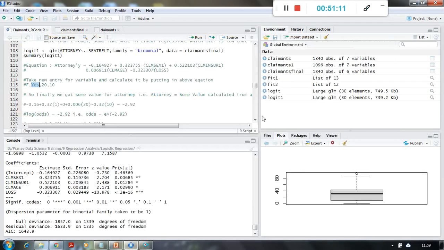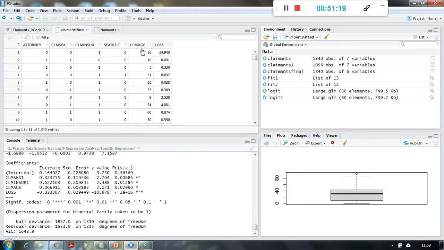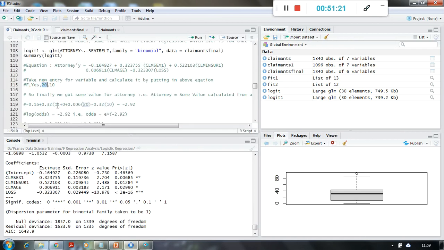Uninsured, right? Whose driver is not insured and whose age is 20, age is the third column, and loss is suppose $10.